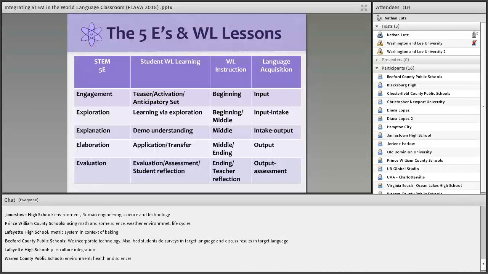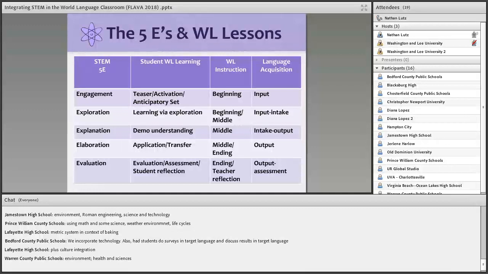The next phase is exploration, and that could be various experiences of learning via exploration in the classroom. There'd be more input going on, and it's the input intake phase of language acquisition. Next is the explanation phase, where there'd be some sort of a demo and some understanding from that going on. And that's again intake.